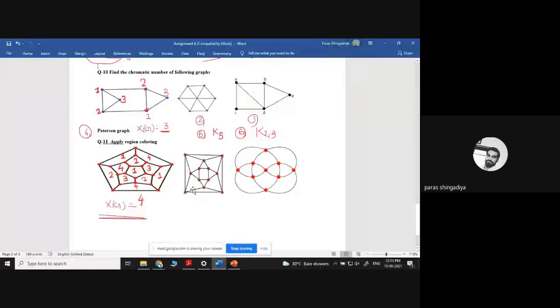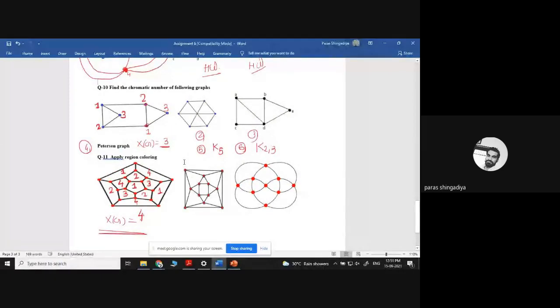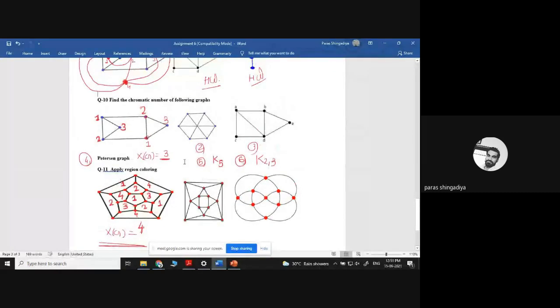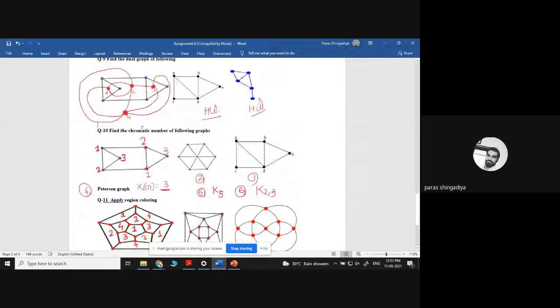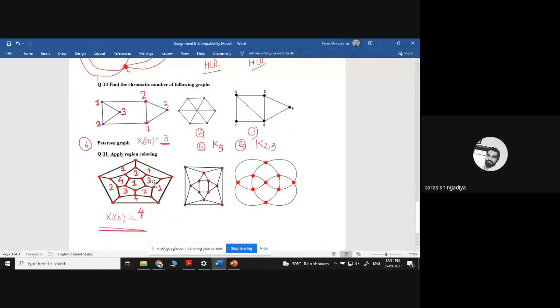Now take a screenshot of this slide if it is required. These questions are not given in this assignment, so you just add them in your assignment 6, sorry, questions 9, 10 and 11. So by this Saturday you have to submit assignment 6 in Google Classroom. Is it clear?